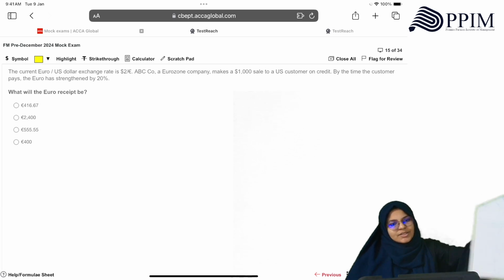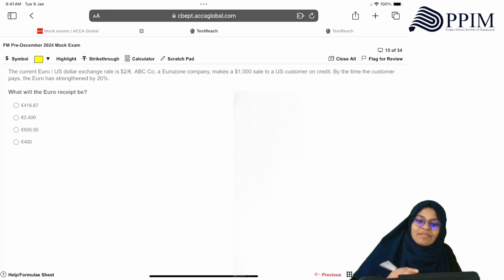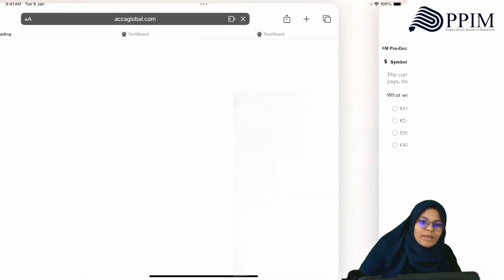Okay, so they're saying euro is strengthening by 20% means now 1 euro bought me $2 before. If the euro is going to become even more stronger, then that same euro will give me more dollars, right? So $2 will become 20% more than that, right? So let's see what the new exchange rate is going to be.